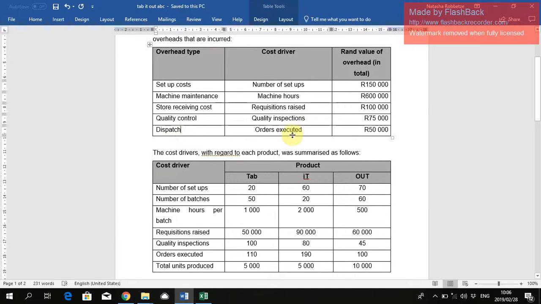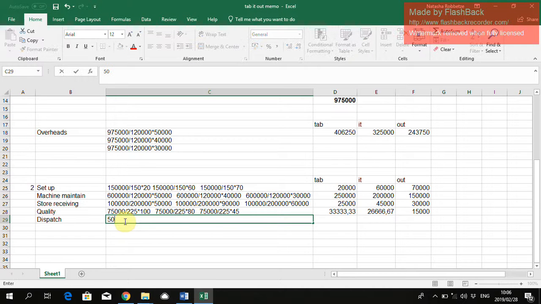The dispatch is orders executed, and it was worth 50,000. In terms of the orders executed, there was 110, 190, and 100. So this should give you 100, 200, 300, 400 orders executed. So that will mean we take 50,000 divided by 400.